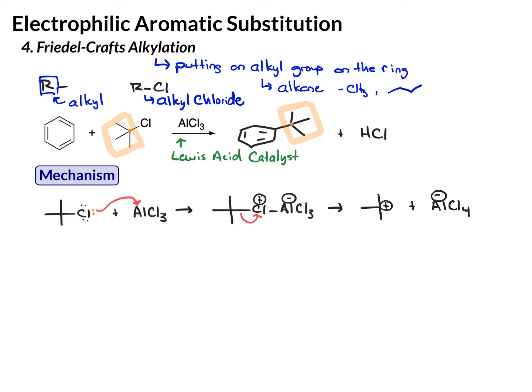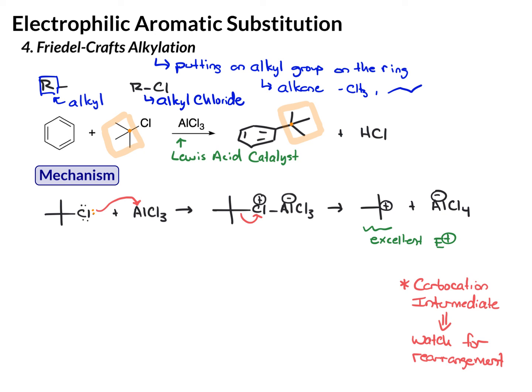Our carbocation is an excellent electrophile. Now we're going to talk about this later, but I'm going to leave an important note here for you. Because we have a carbocation intermediate, you always want to be on the watch for carbocation rearrangement at this stage.